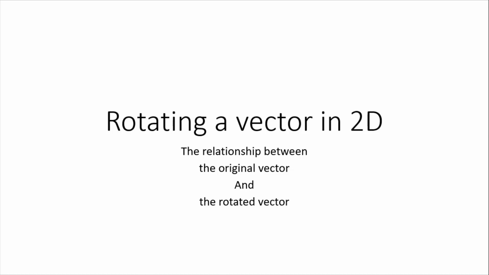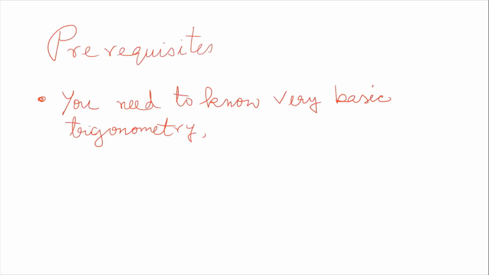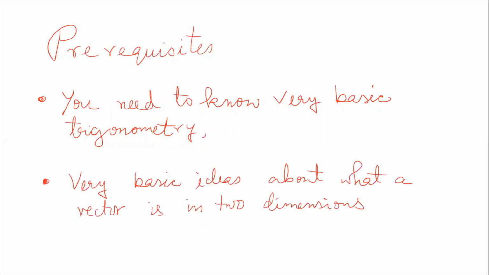You need to know very basic trigonometry: sine theta, cos theta, sine square theta plus cos square theta equal to 1, and so on. Also, you may need to know very basic ideas about what a vector is in two dimensions. I would suggest that if you know these things a little bit, you carry on and try to follow the logic.